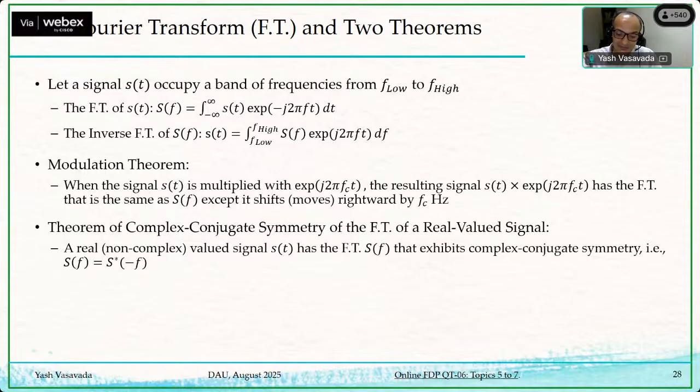Frequencies are going to be even more than 6 gigahertz. It is known as FR2 operation. Sub 6 gigahertz is FR1, above 6 gigahertz is FR2.